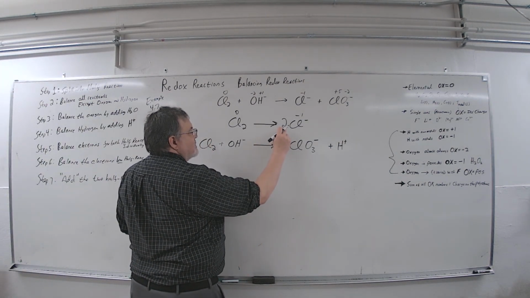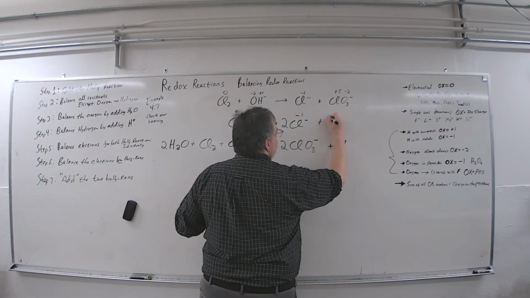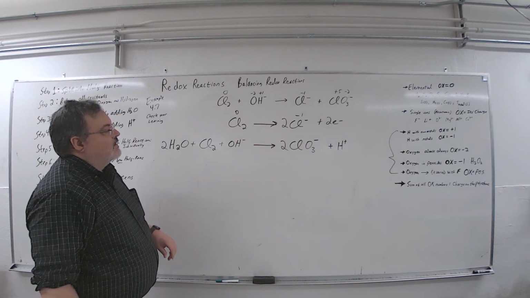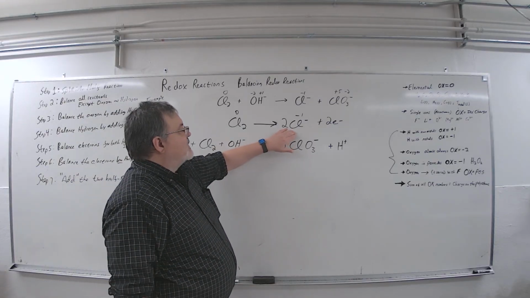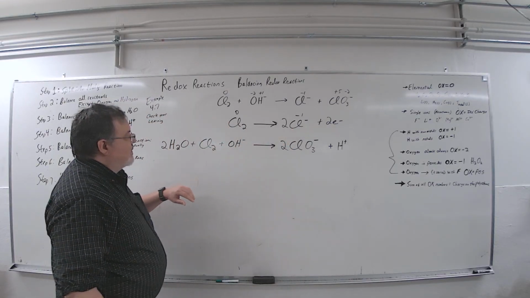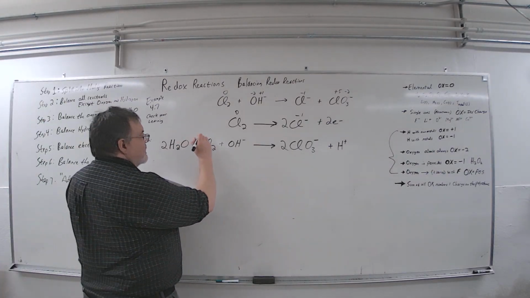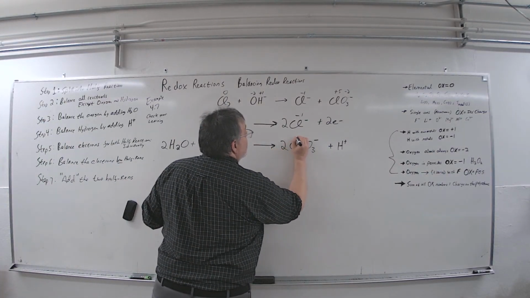I need 2 electrons here. So each of these chlorines gets an electron and makes it 0. And over here, I'm going from 0 to plus 5.